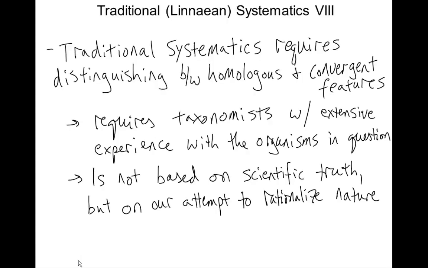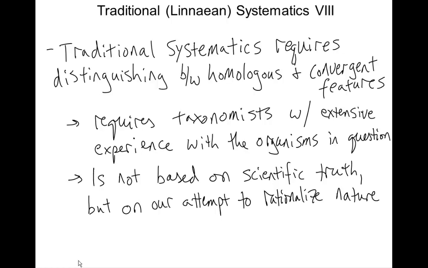So when we left last time, we finished up with traditional Linnaean systematics, and we made the point that an issue with traditional systematics is that it requires distinguishing between homologs, or species with similar characters that are of shared evolutionary origin, with those that are convergent from similar evolutionary or environmental pressures.